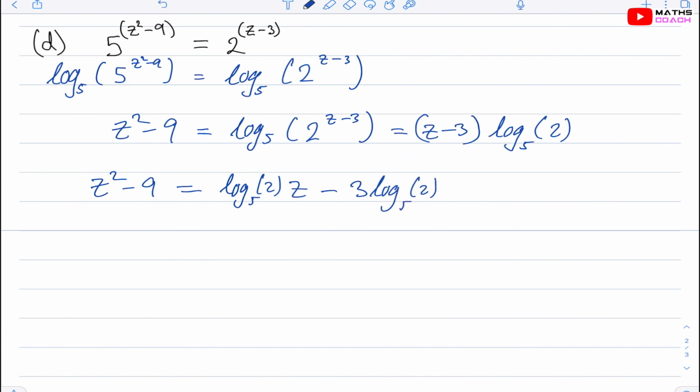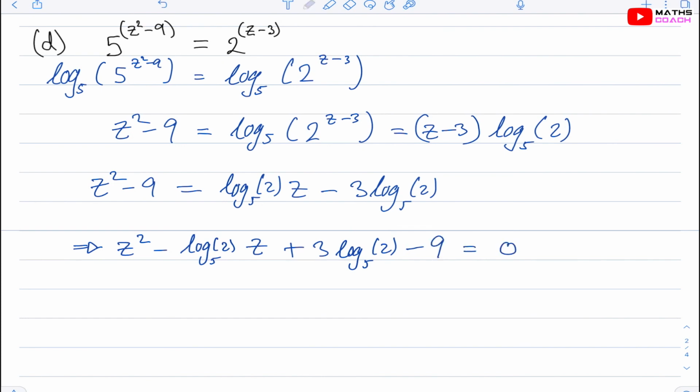base 5, and if we bring everything across to the left hand side, we get z squared minus log of 2 to base 5 times z, and then we have plus 3 log of 2 to base 5 subtract 9. All of that is equal to 0.